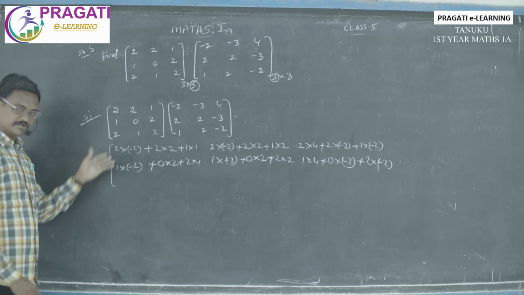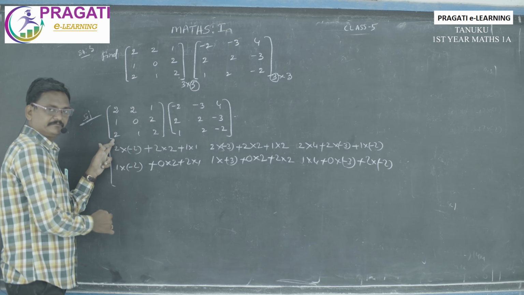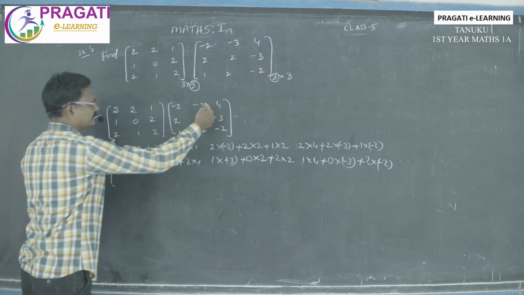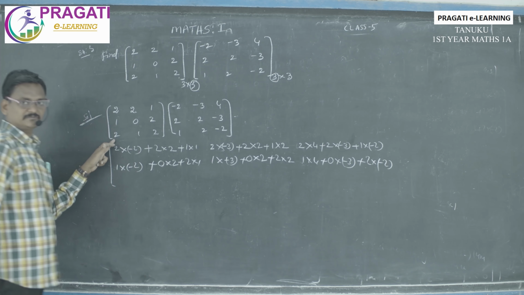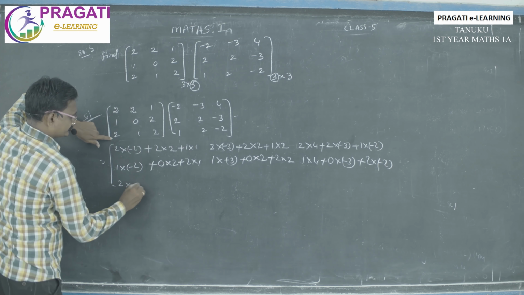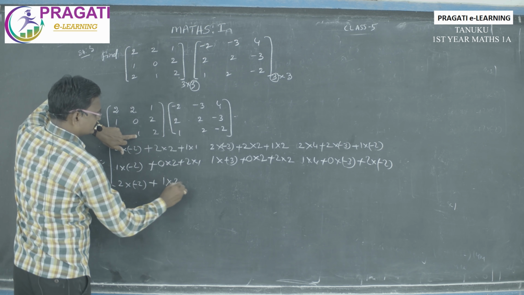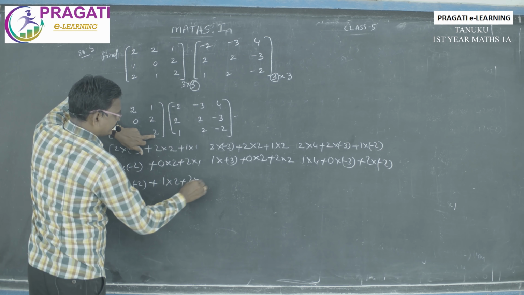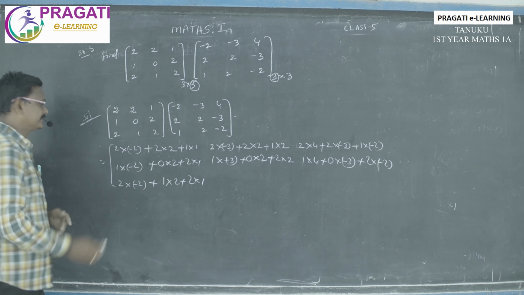Now start with third row, that means third row with the first column, again third row with the second column, again third row with the third column. Okay. So 2 into minus 2, plus 1 into 2, plus 2 into 1, first element, second element, third element, like that.